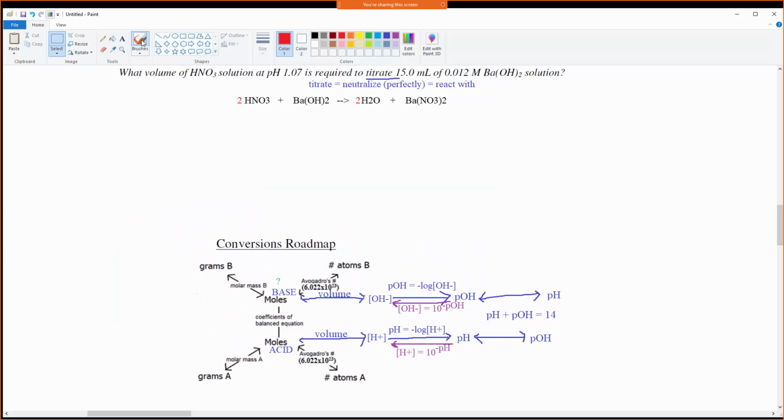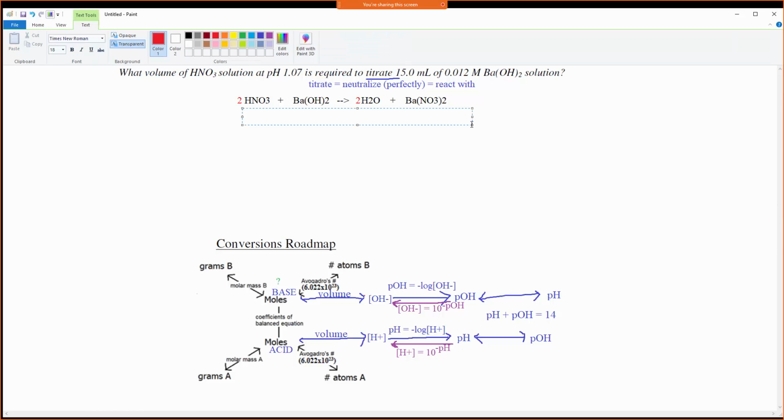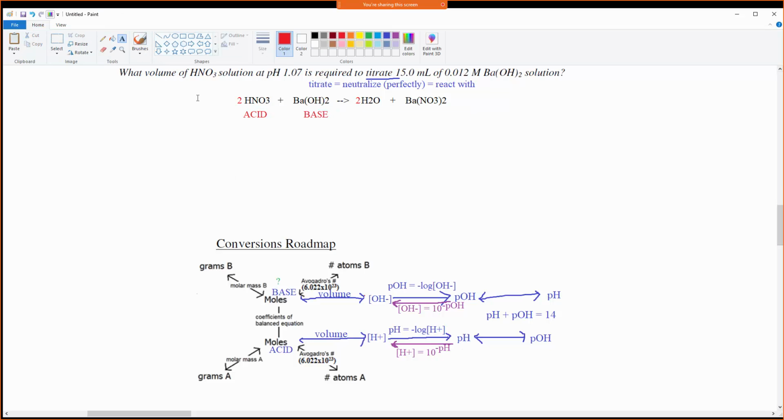And what's my acid? What's my base? Barium hydroxide, that's my base, yeah. Which means that my HNO3 is my acid, good, which is a strong acid. All right, so they want to know the volume of the acid. So this is my target here.